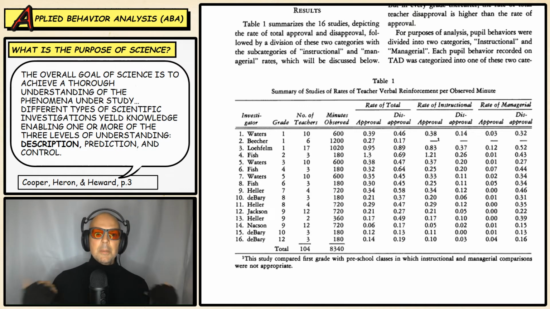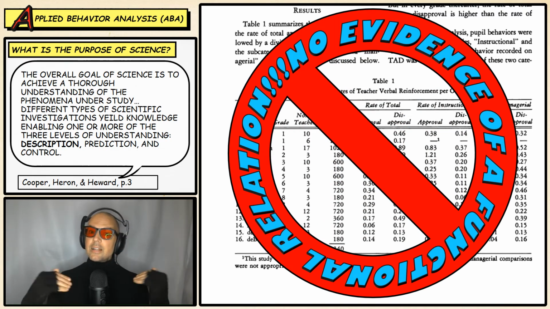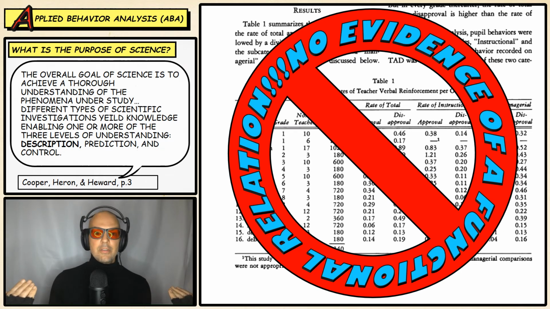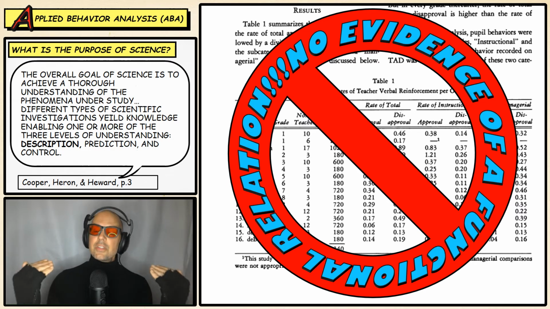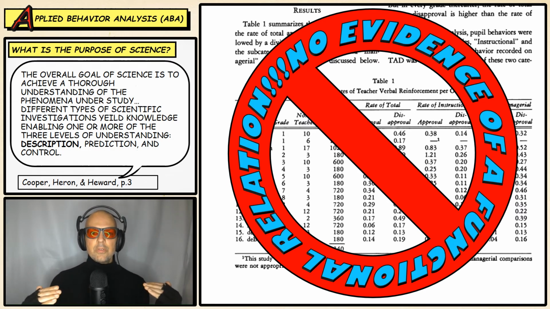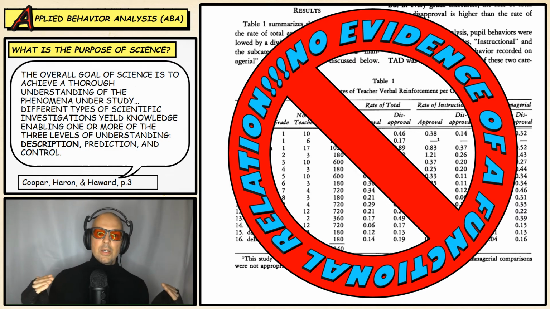On the other hand, it might be other factors that are involved here. Maybe older children don't react as well to high levels of approval rates, and therefore that's the cause. It's the age of the child, not the grade level, that is actually the cause of those decreased approval rates. It could be some other factor that is the cause of those decreased approval rates.